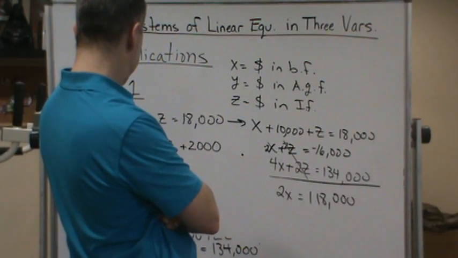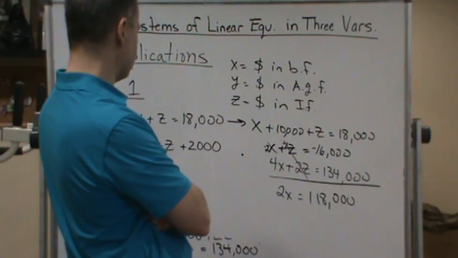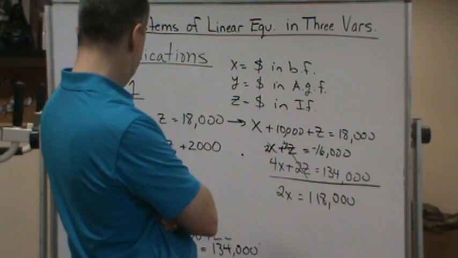Because x would then be 59,000. That doesn't make any sense. What did I do wrong?